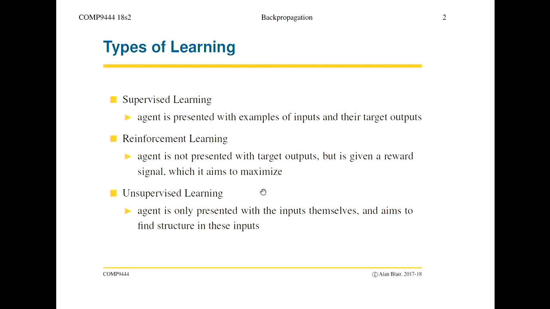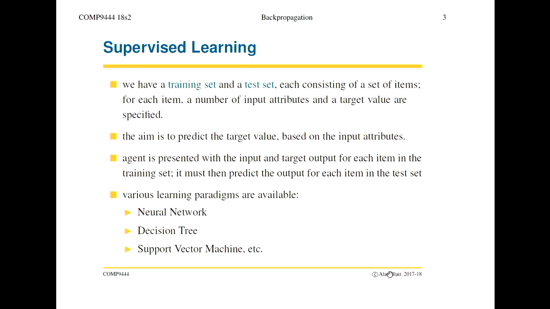Unsupervised learning can also be used as a kind of preliminary step towards supervised learning. And there are sort of combinations. There's something called semi-supervised learning, which is a combination of supervised and unsupervised. Okay, but we'll get onto these later in the course, but for the early part of the course, we're going to be concentrating on supervised learning.